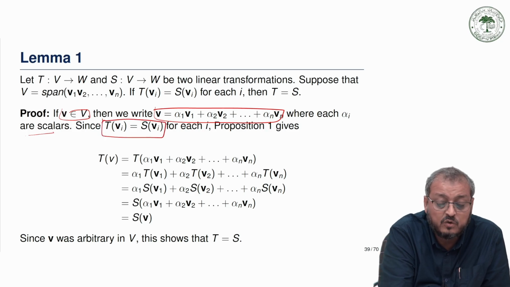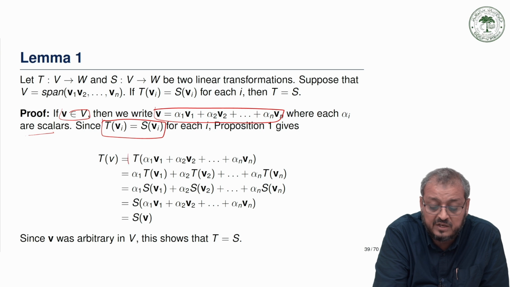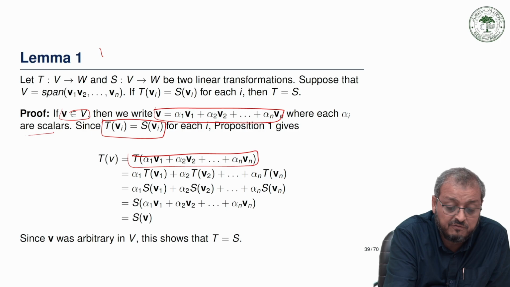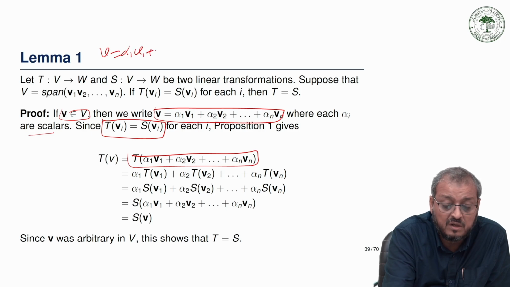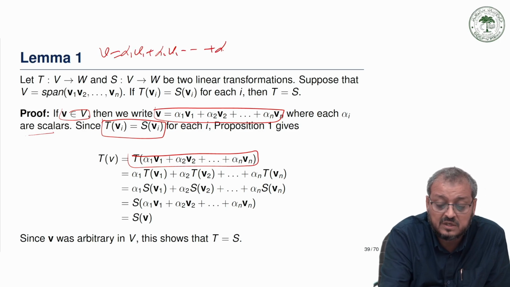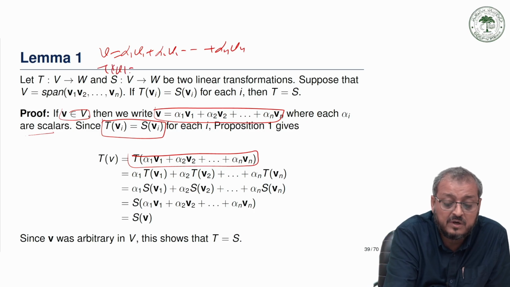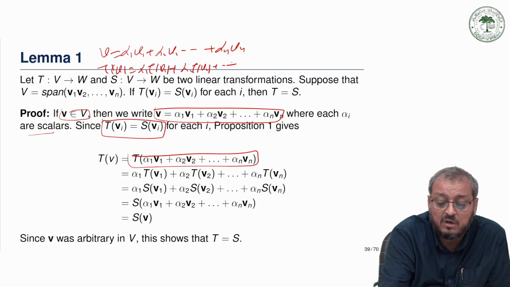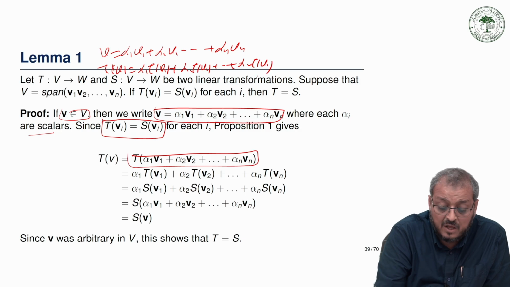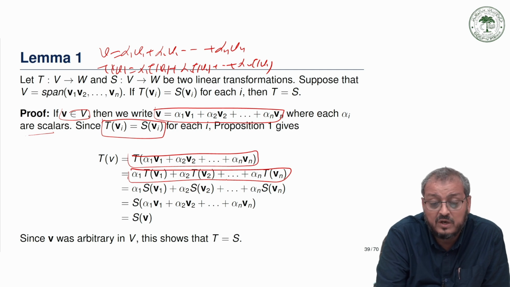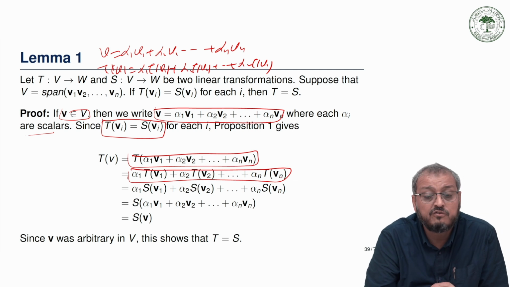Because T of Vi is equal to S of Vi, we can start from T of V. The previous result says that if V can be written as alpha 1 V1 plus alpha 2 V2 and so on plus alpha n Vn, then T of V can be written as alpha 1 T of V1 plus alpha 2 T of V2 plus and so on alpha n T of Vn. So we apply this result here.